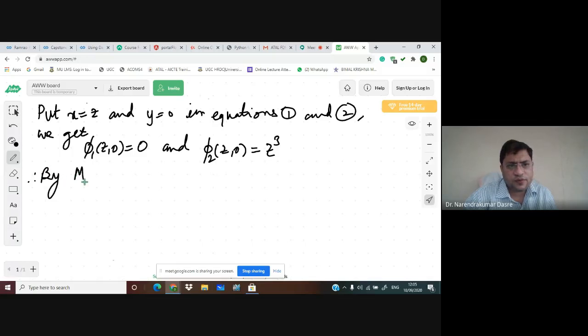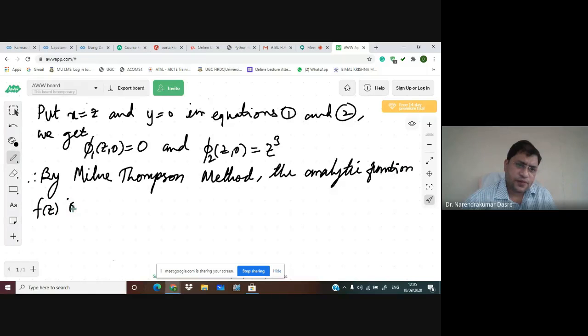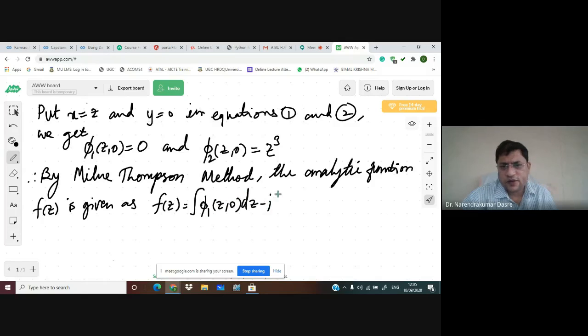By Milne-Thompson method, the analytic function f of z is given as: f of z is equal to integration phi1 of z0 dz minus i integration phi2 of z0 dz plus c1.